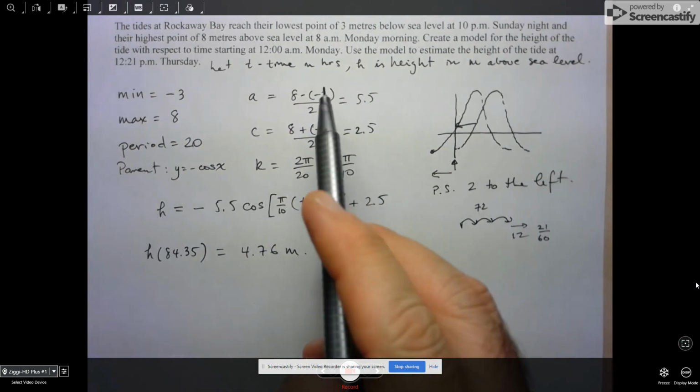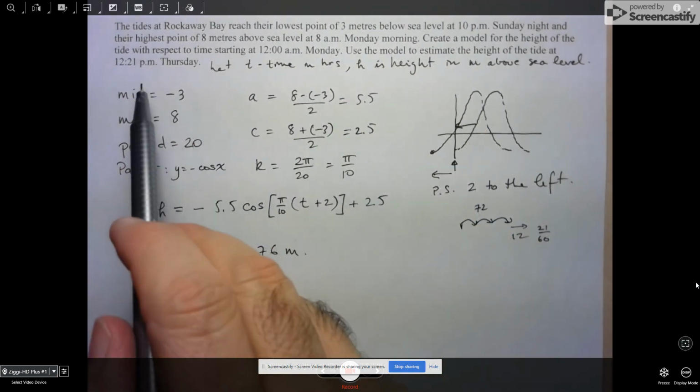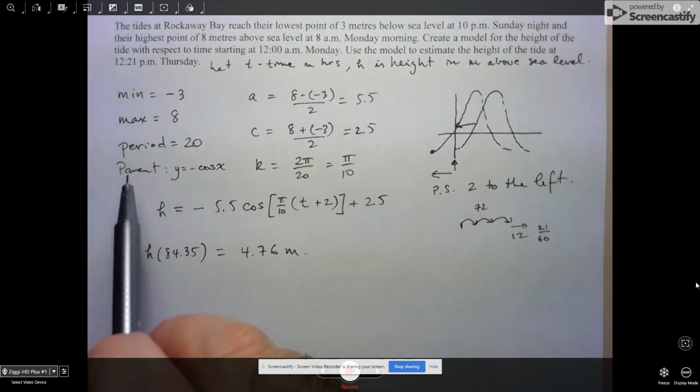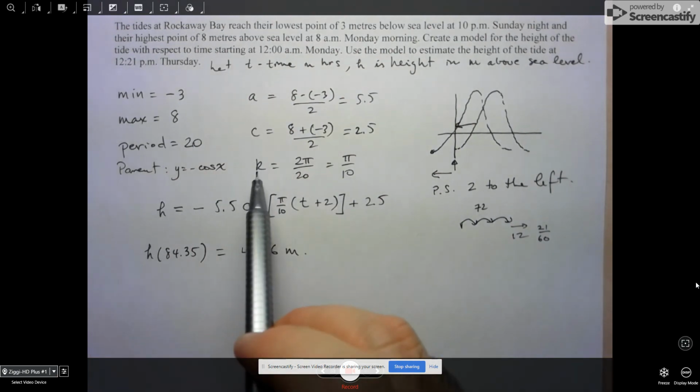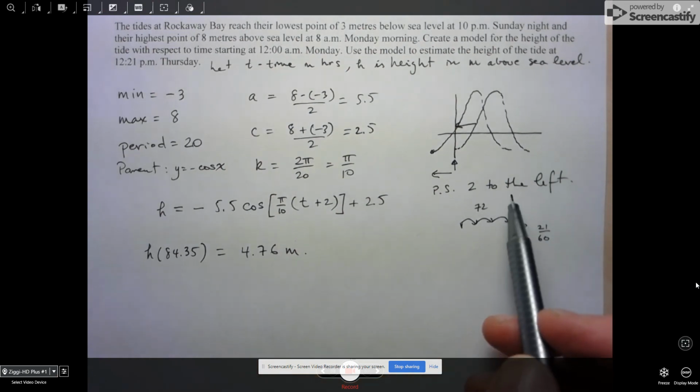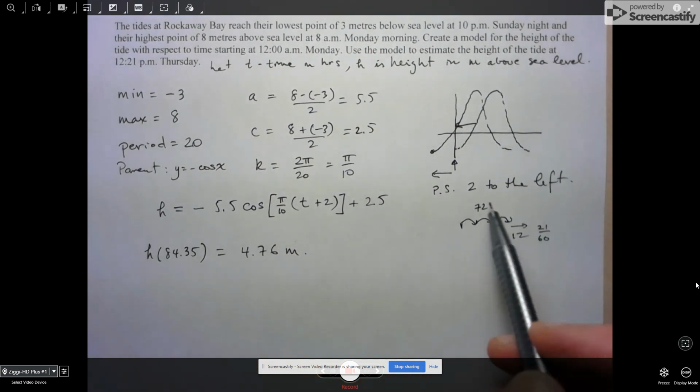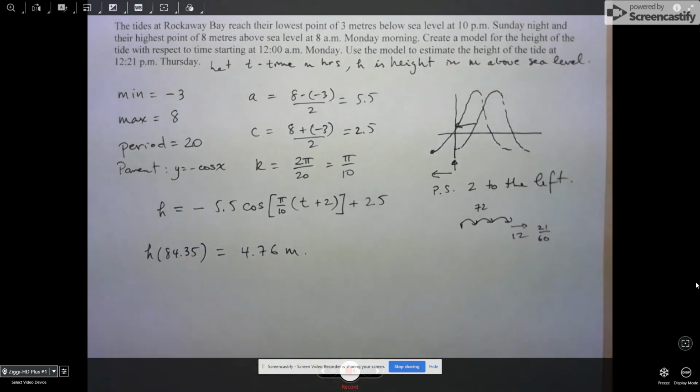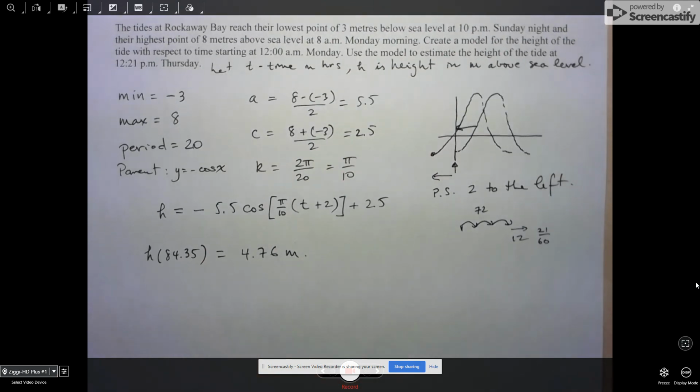Okay, so just to recap, define your variables, find your characteristics, calculate your first 3 parameters, decide on what kind of phase shift you're going to need, parent function, write out your model, and then from there you can use it to make predictions for the future. Okay, that's it for this one.